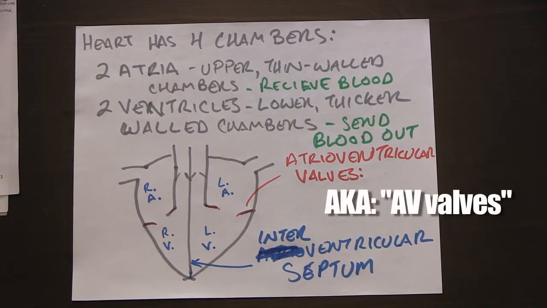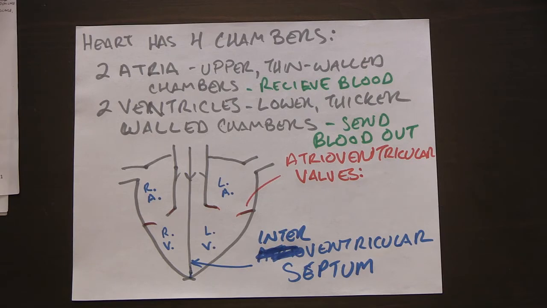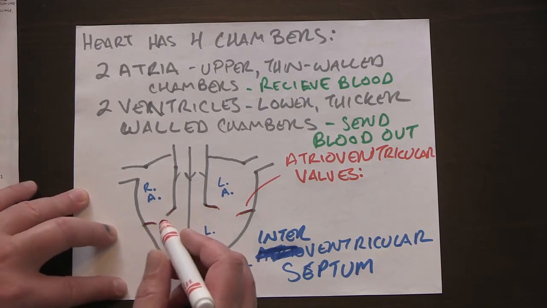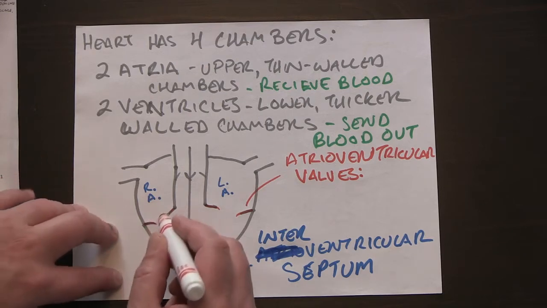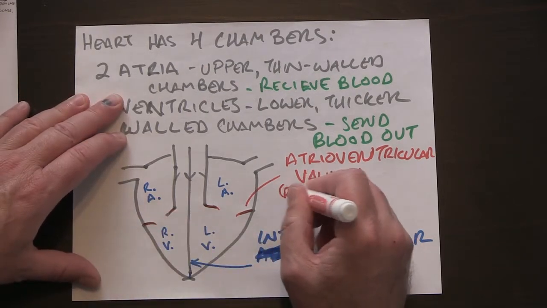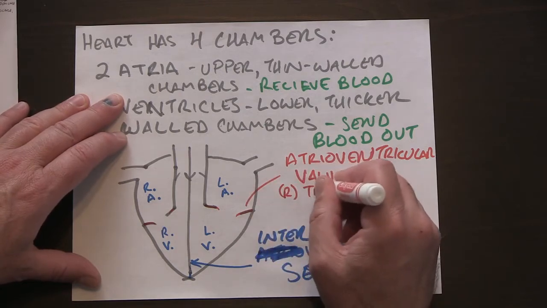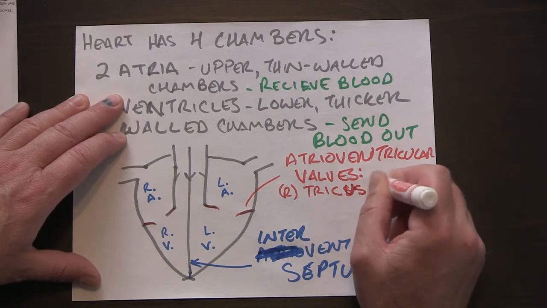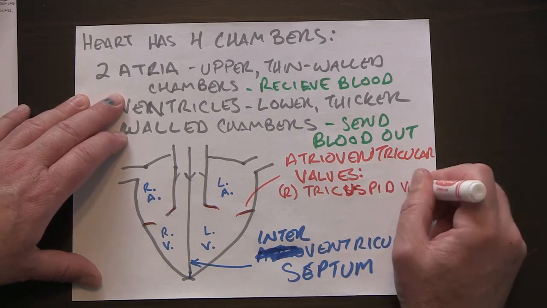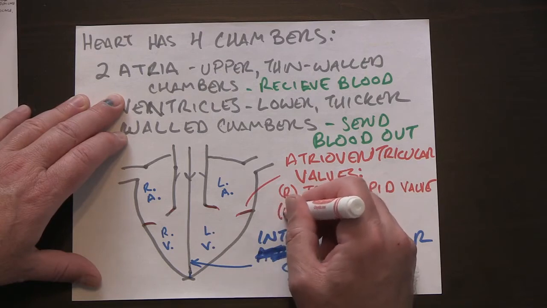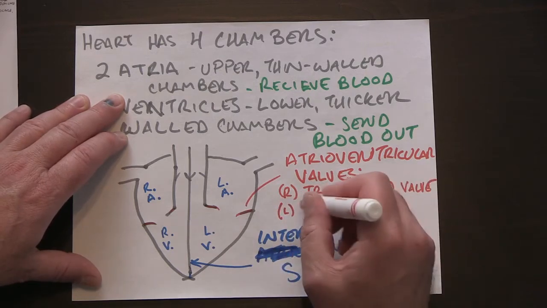Each has a specific name. The one over here on the right is called the tricuspid valve. And the one over here on the left actually has three names.